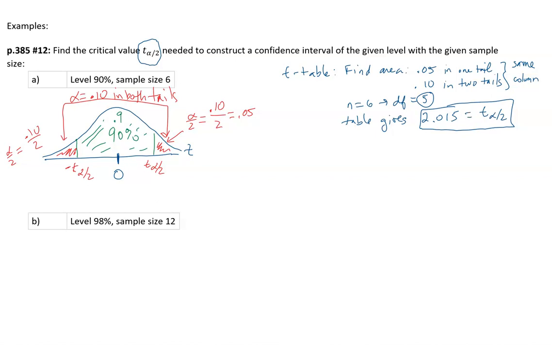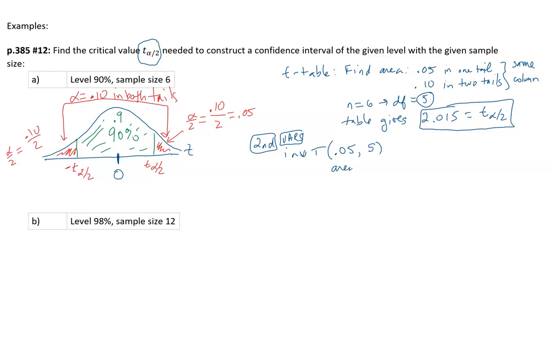And if you want to try once again with the calculator, that would be inverse T, right, in the second VARS area. Sorry, my writing. I'm still learning how to do this. Inverse T, we would put in that left area of 0.05, and then just our degrees of freedom, those same two numbers.